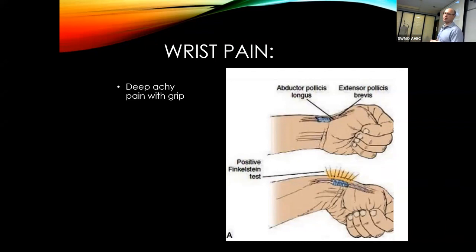I see patients that come to me with the diagnosis of carpal tunnel syndrome, and it's not. This was just actually a very similar scenario last week. Patient came in with the diagnosis of carpal tunnel syndrome, and it wasn't. And all it took was one single exam test, Finkelstein's test. That was it.